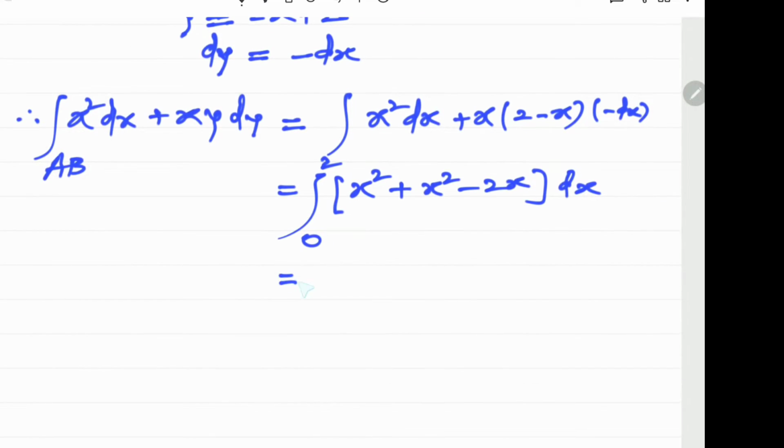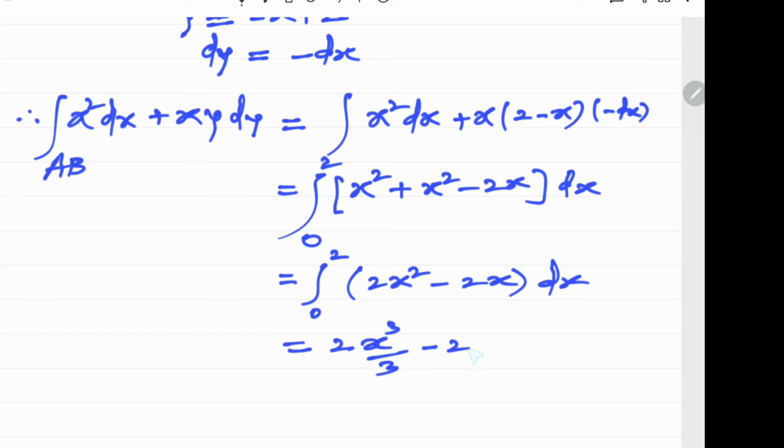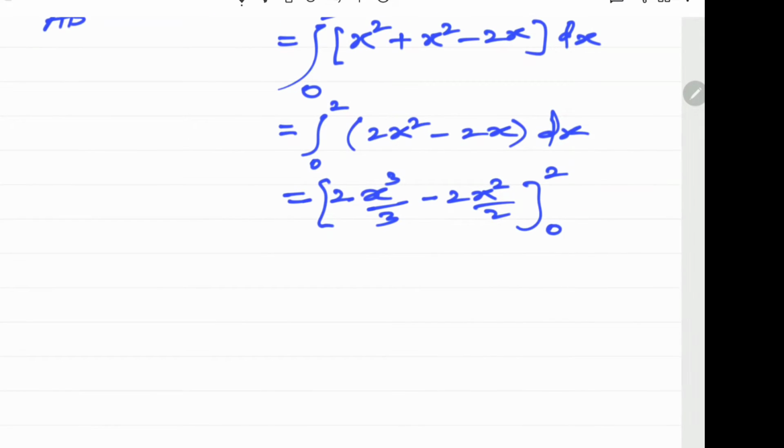It is the integration of 2x square minus 2x with respect to x. Integrating, we get 2x cubed by 3 minus 2x square by 2, with limits from 0 to 2. The 2 by 3 we take outside as a constant term.